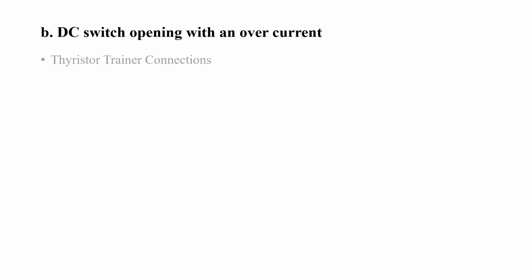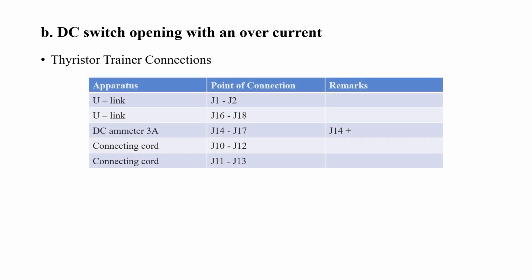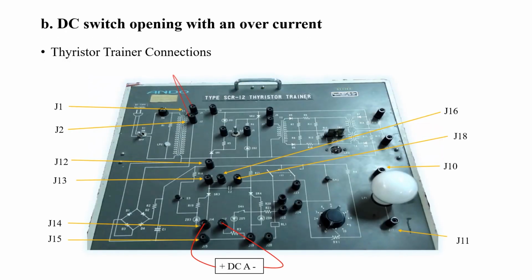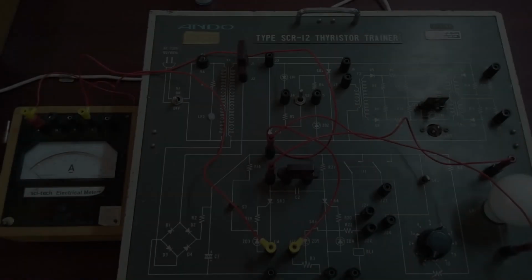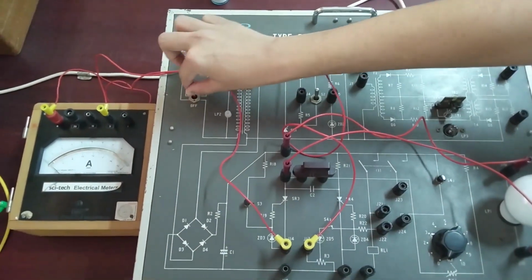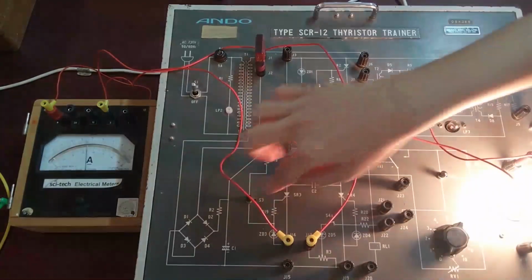Now you can see the corresponding table with the junction connections related to part B. Here you can see the wiring diagram on top of the trainer kit. Okay, now let's move to a closer look at our implementation.